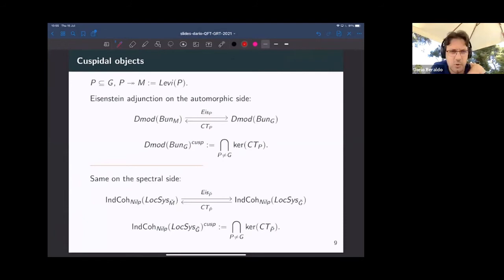We take a parabolic subgroup P, and the quotient is the Levi M, and so we have this correspondence between groups, an inclusion and a projection, and accordingly we have a correspondence between bundles.